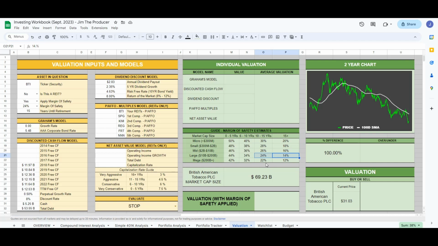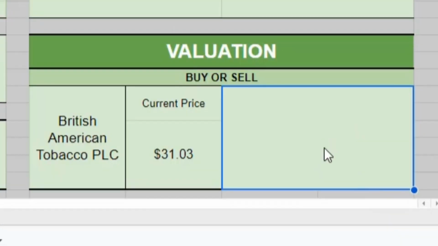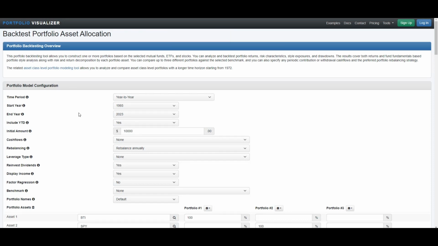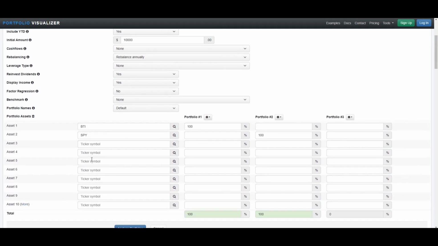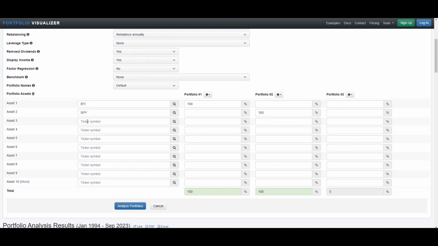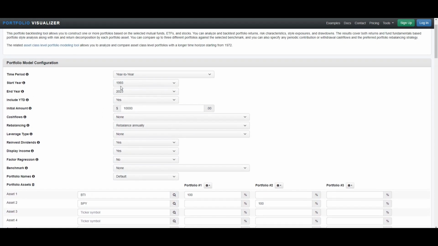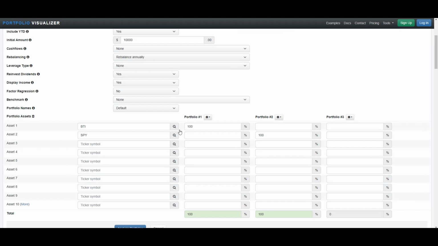And then once we find if BTI is a buy or sell, we're going to jump over to Portfolio Visualizer and see how BTI has performed against the SPY since the inception of SPY, all the way back to about 1993, comparing a 100% portfolio of BTI versus SPY, and I think you're going to be quite surprised.